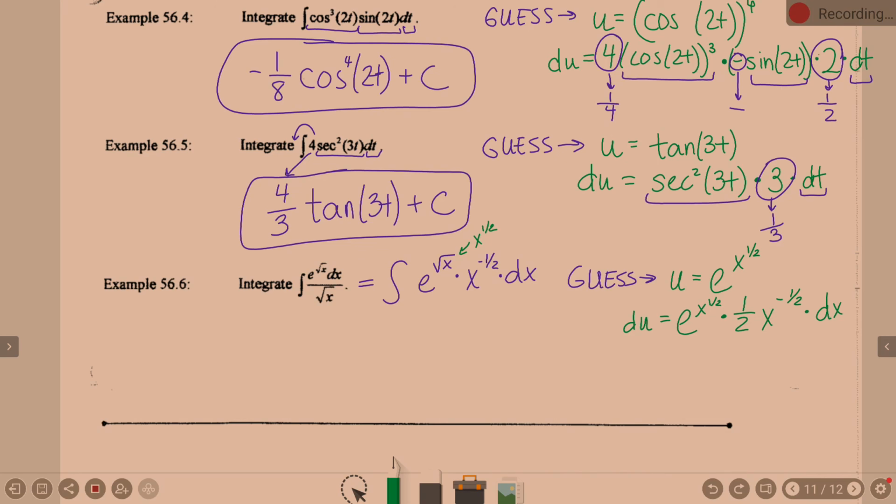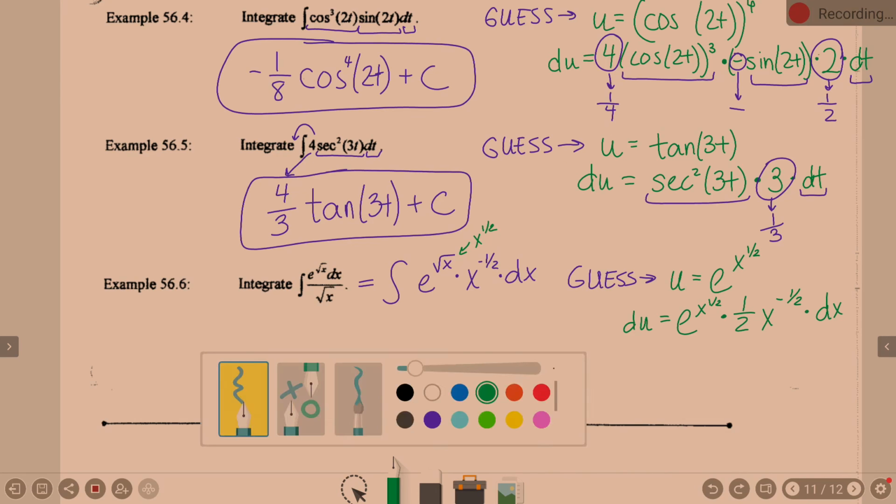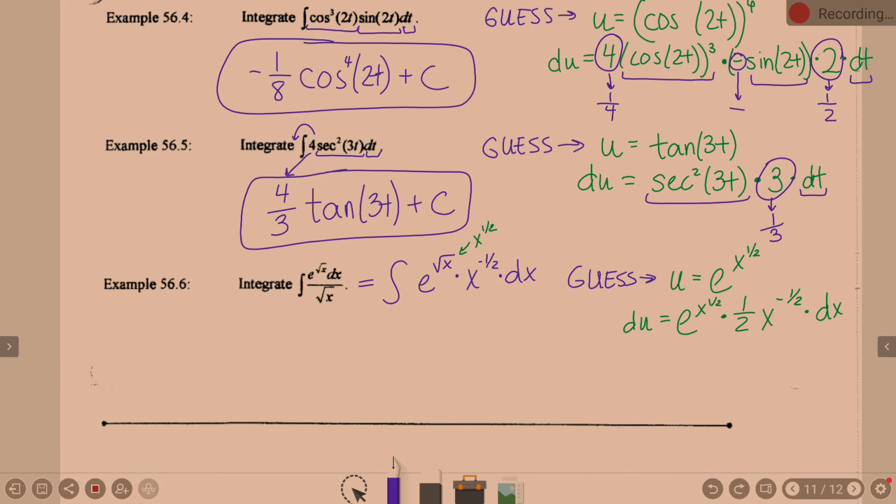Okay. Have you checked? Let's see. E to the x to the 1/2, e to the x to the 1/2. X to the negative 1/2, x to the negative 1/2. Dx, dx.